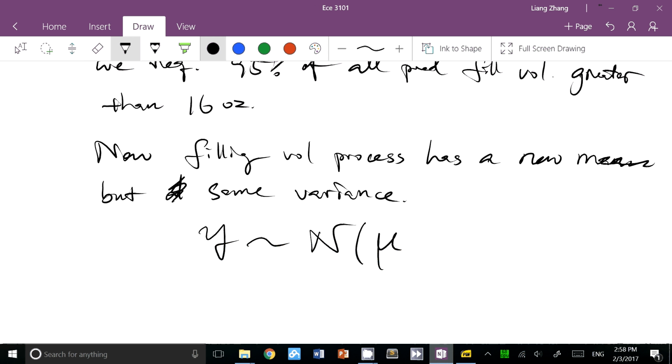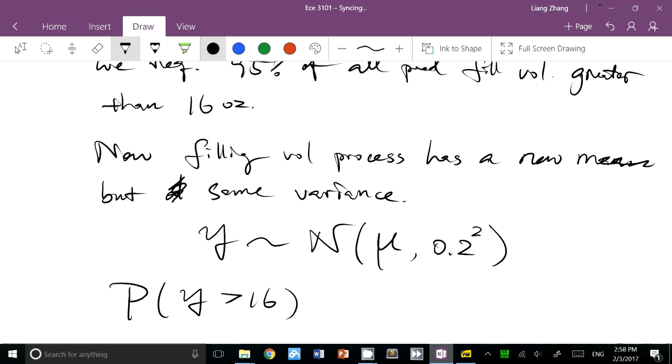Let's use mu to represent it. And the variance will be the same, 0.2 squared. But what we do know is, according to the requirement, we want the probability that y is greater than 16 in 95% of the cases.